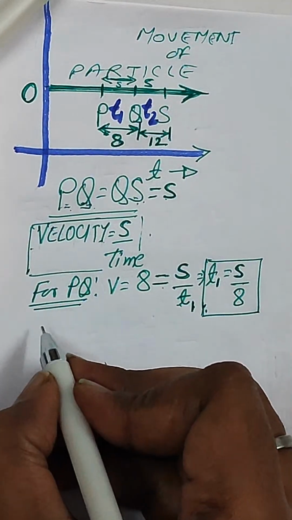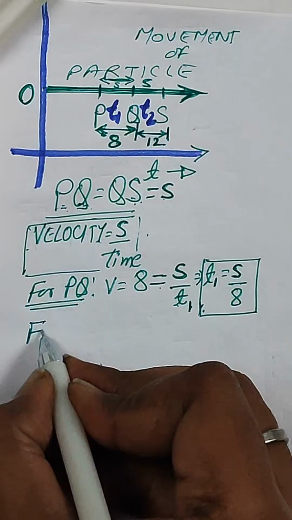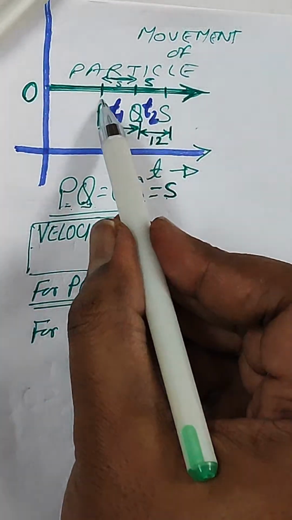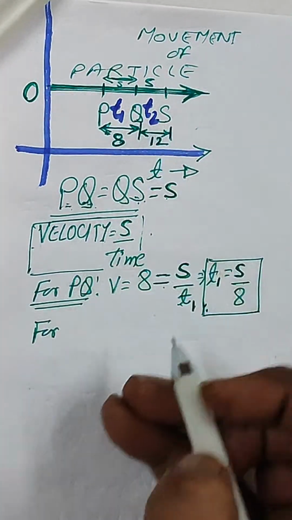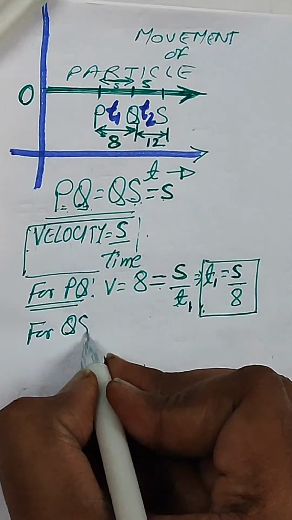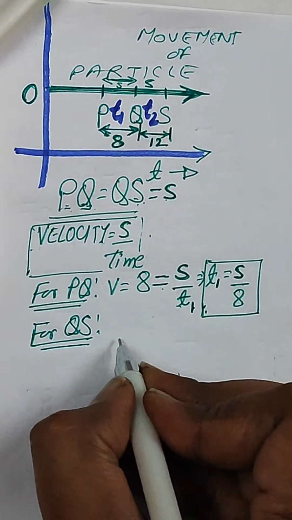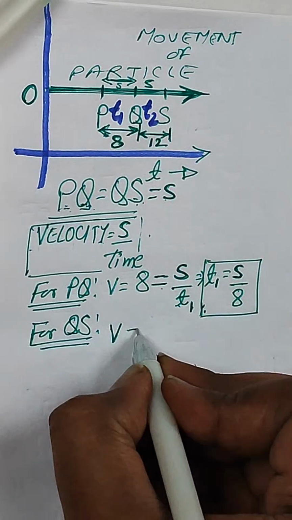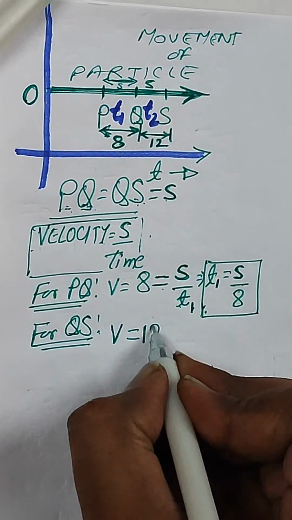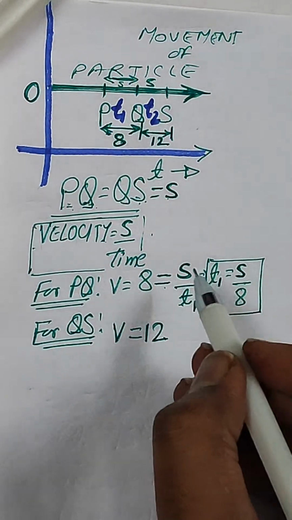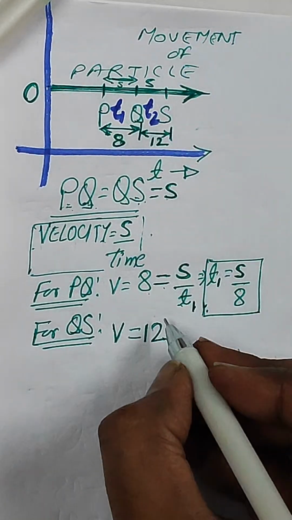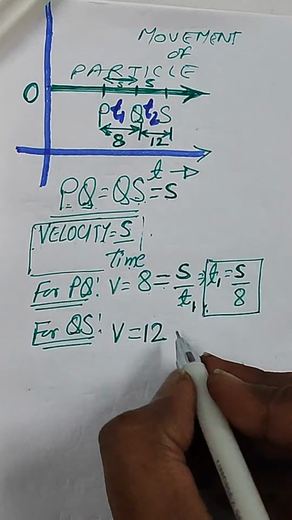Similarly, for the second section, from Q to S, the velocity is given to you as 12 meter per second, and this is the same formula, displacement by time.